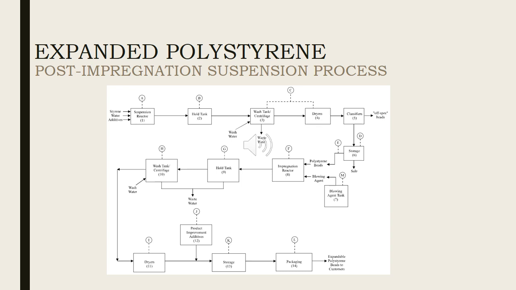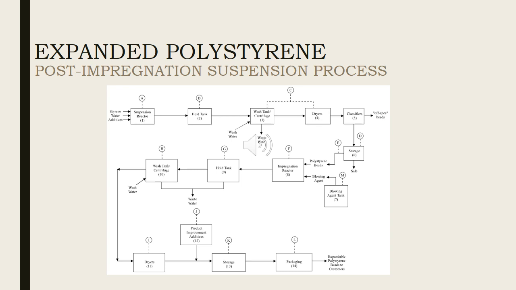Once the reaction has been completed, essentially 100% conversion, the polystyrene water slurry is normally pumped from the reactor to a hold tank, which is unit number 2, which has an agitator to maintain dispersion of the polymer particles. The hold tank has at least three functions.